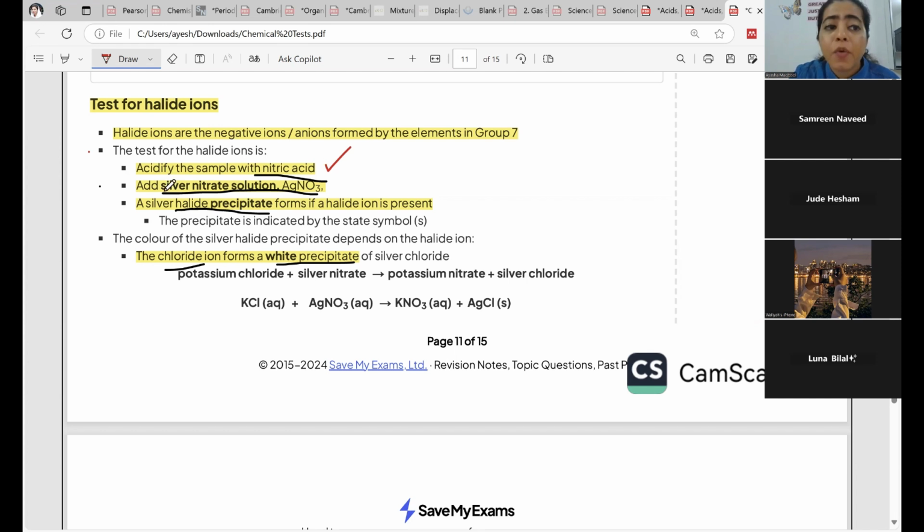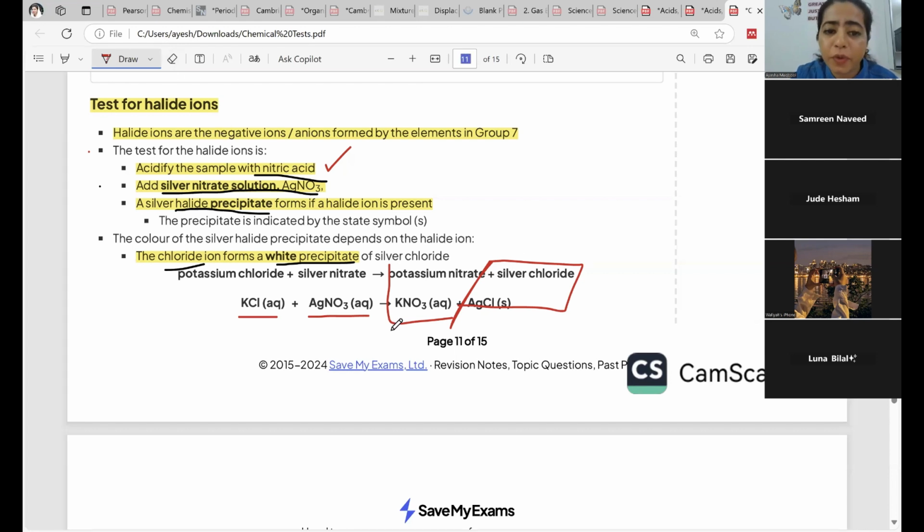Okay, I will show you why we are adding the silver nitrate. We are adding the silver nitrate solution to the metal chloride, whatever we have, so that they can have a replacement reaction and give you the metal nitrate and silver chloride at the end. Two things will be there.